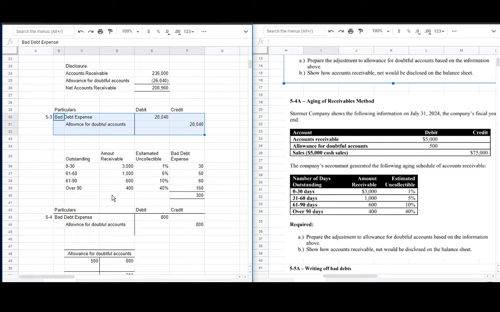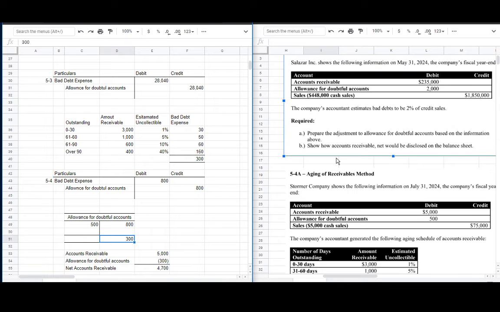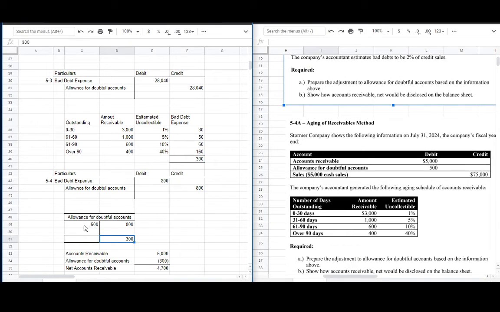Here, 300 will be our ending or target allowance for doubtful accounts. And we have an outstanding balance of 500. So how do we derive the 800? We need to credit 800 to arrive at 300, knowing that the normal balance of allowance for doubtful accounts is a credit. So 800 minus 500 is equal to 300, our target allowance for doubtful accounts.